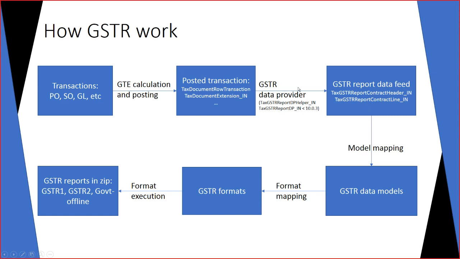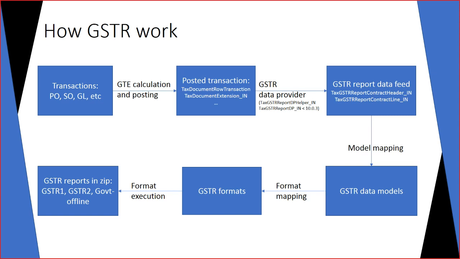So let me explain a little bit more about this GSTR report data provider. We currently have two main GSTR report providers. One is TaxGSTRReportDPHelper. For this class, we have a bunch of performance improvements, and it is open to use from 10.0.3.